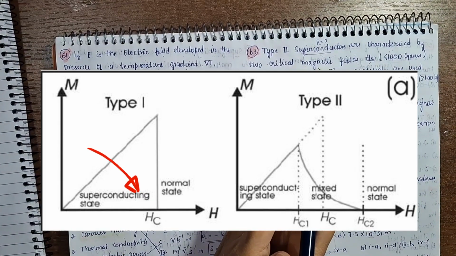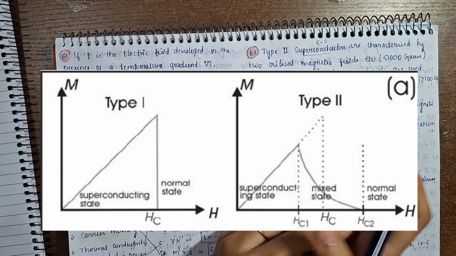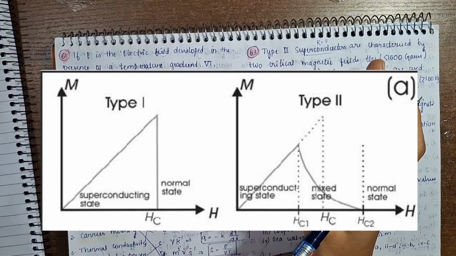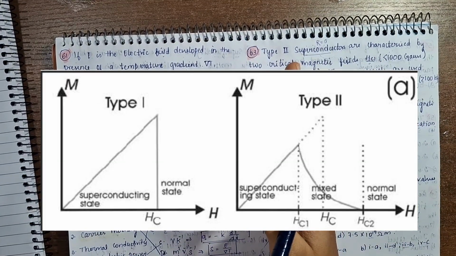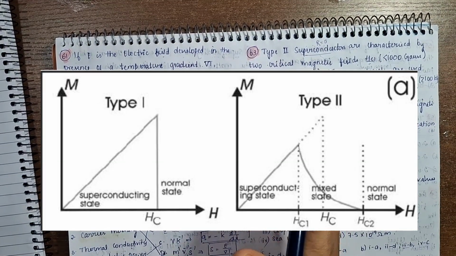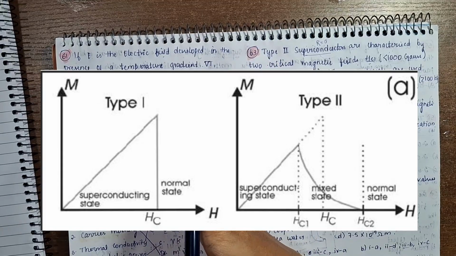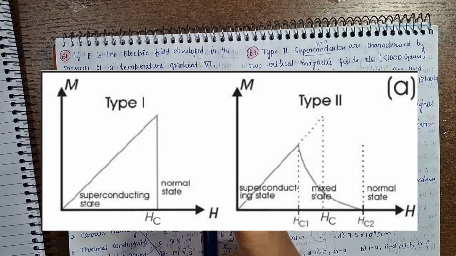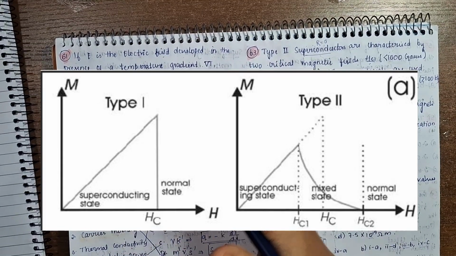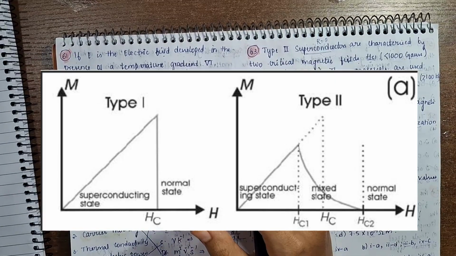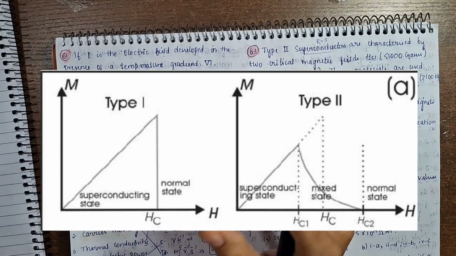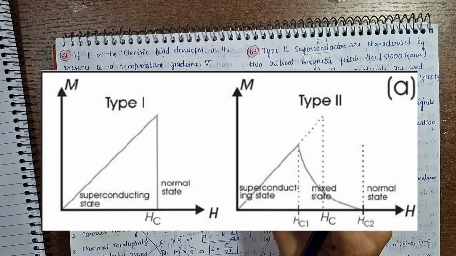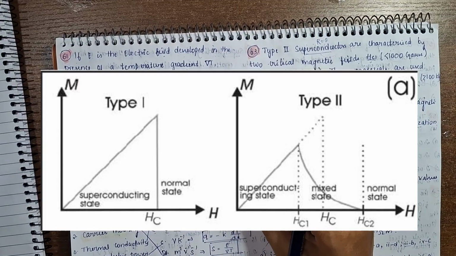In type 2 superconductors, we have two critical fields, Hc1 and Hc2. Below Hc1, the superconductor shows perfect Meissner's effect. That means the superconductor expels the magnetic field completely. Between Hc1 and Hc2, the magnetic field partially penetrates.